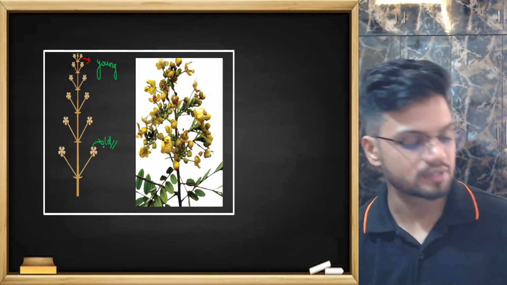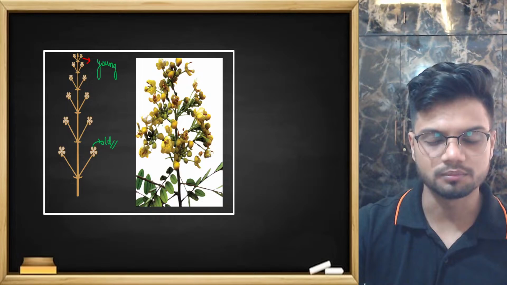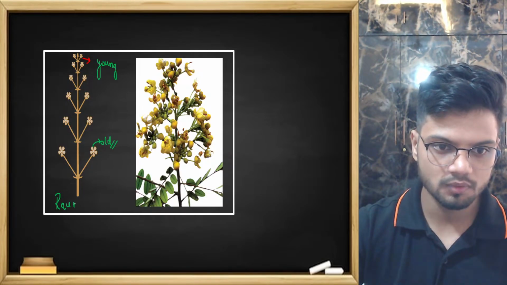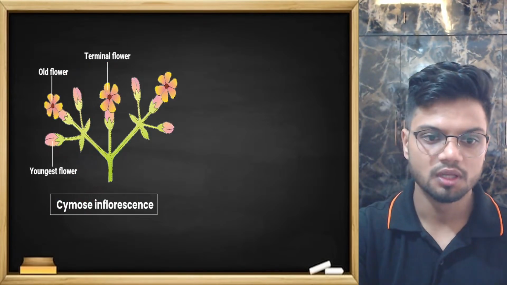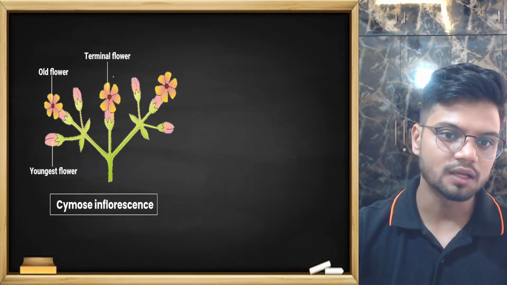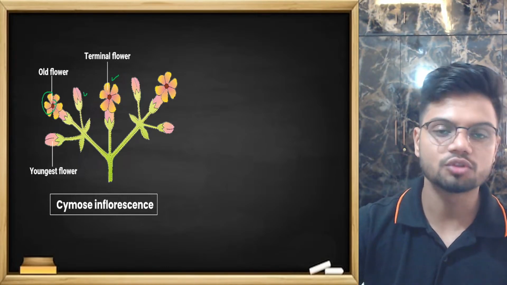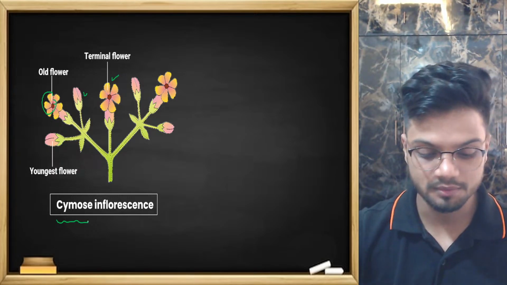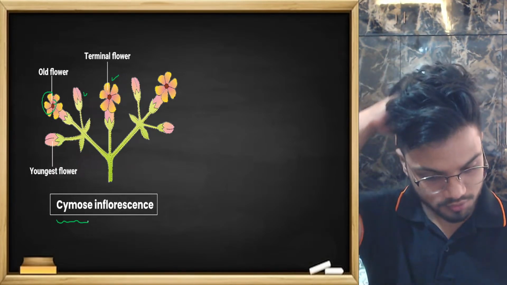Young flowers at the top, old flowers at the bottom: this is the typical example of racemose inflorescence. Now, what about this? This is cymose. See, terminating with the flower, young flowers at the bottom, old flowers at the top. This is the typical example of cymose inflorescence.